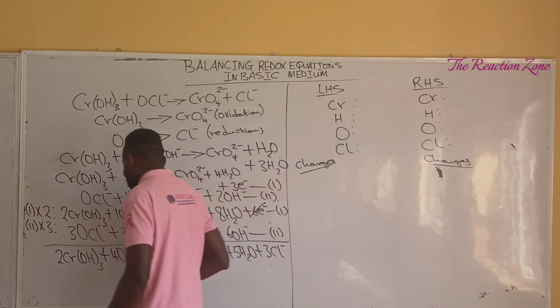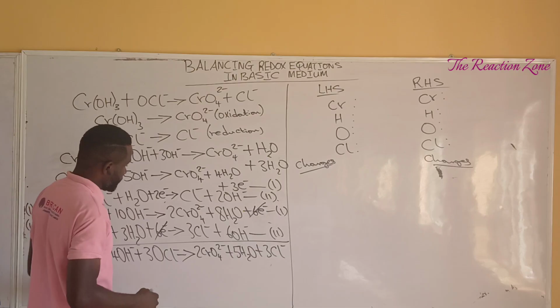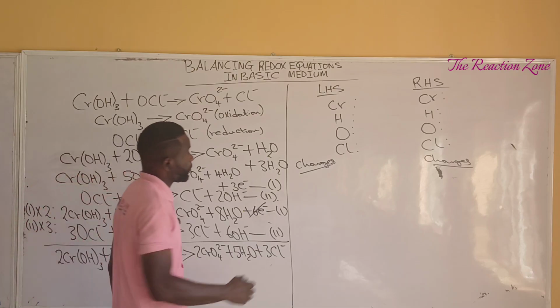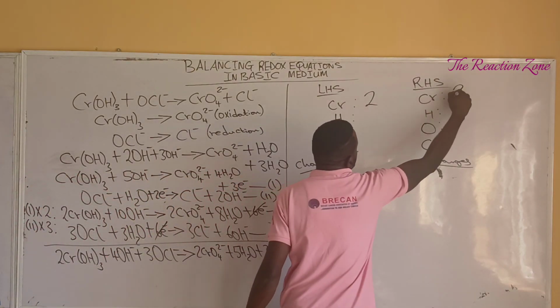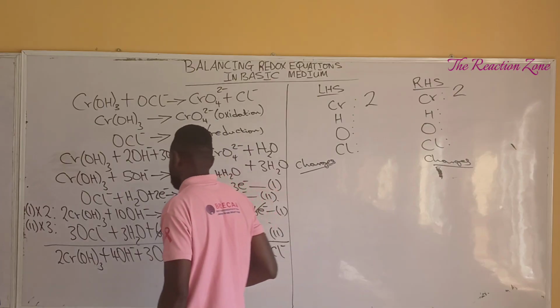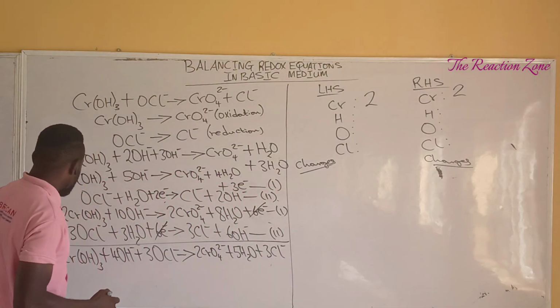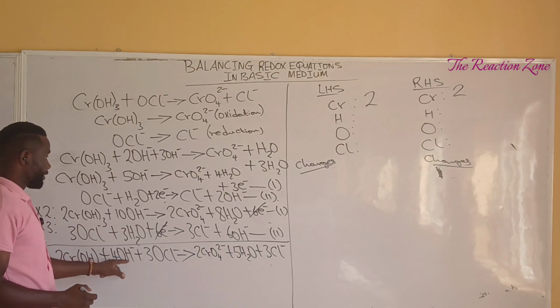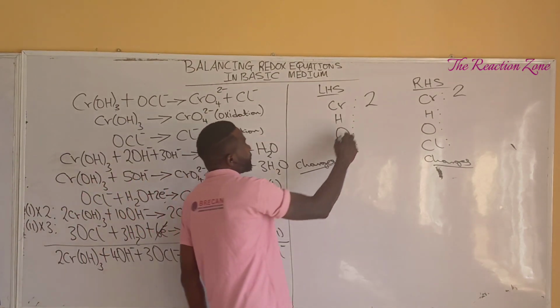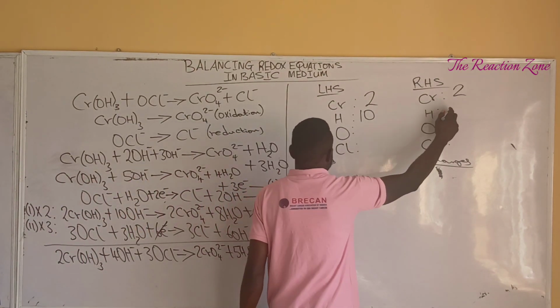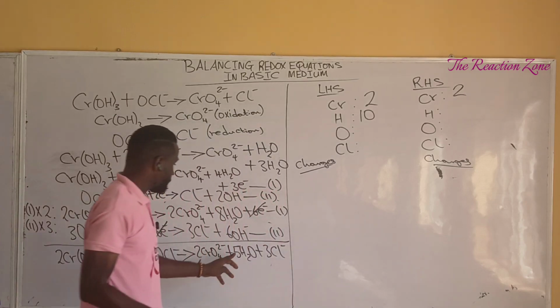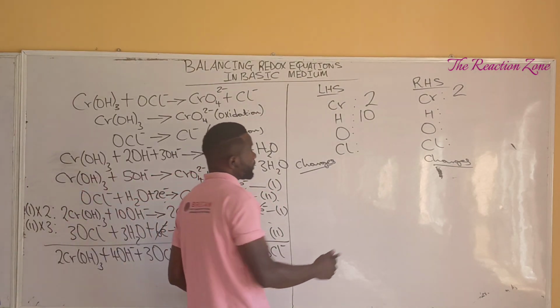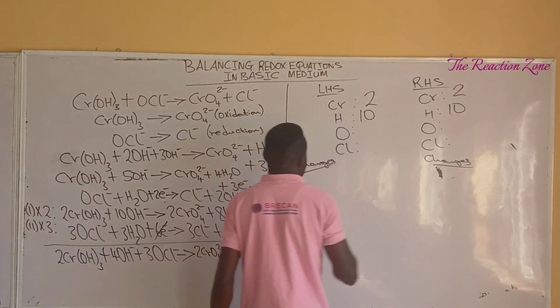So on the left hand side, we have 2 chromium atoms, and then on the right hand side, we also have 2 chromium atoms. For hydrogen, we have 6 hydrogen atoms plus 4, that is 10 hydrogen atoms here. And then on the right hand side, we have 5 times 2, that is also 10 hydrogen atoms.